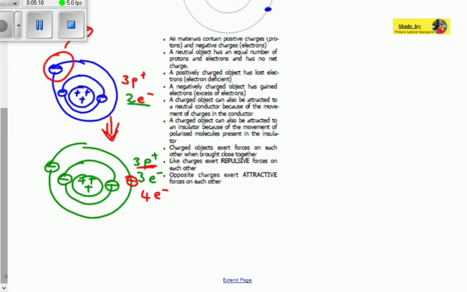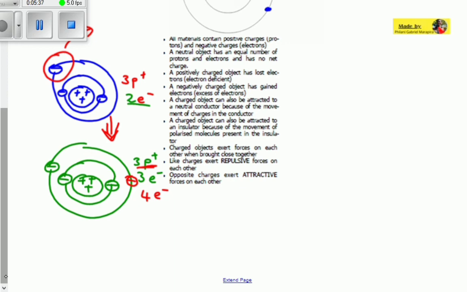It can be attracted to that neutral conductor since the charges in the conductor are constantly moving. A charged object can also be attracted to an insulator because of the movement of polarized molecules present in the insulator. We're going to go deeper and explore exactly what an insulator is and what a conductor is.